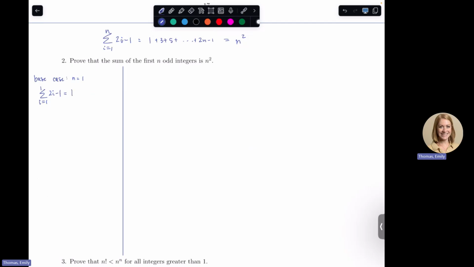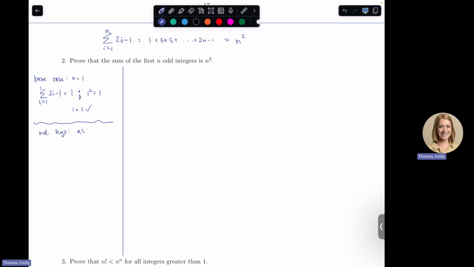And you would say something like, also, 1 squared is 1. 1 equals 1, so we're good to go. Working left and right hand side separately. Don't say they're equal until you have proven that they are. Okay. So base case is good to go. We can knock down the first domino, or we can get on the ladder rung. First ladder rung.